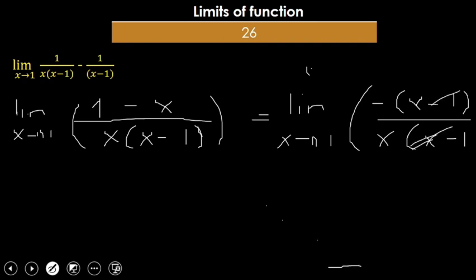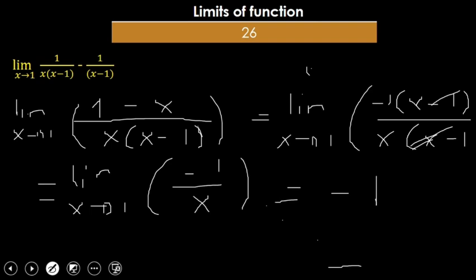This one is equal to the limit as x tends to 1 of minus 1 all over x. The answer will be equal to minus 1. Okay, let's proceed to the next question.